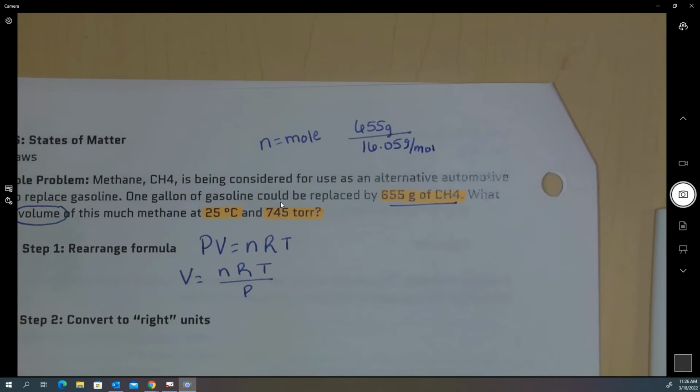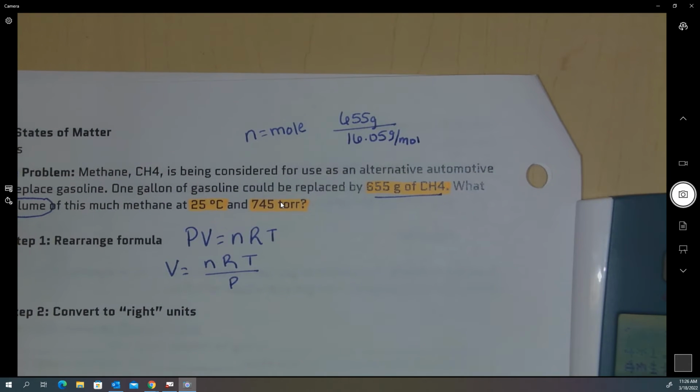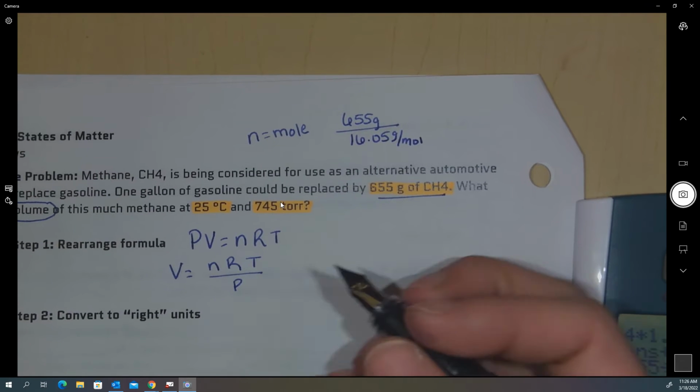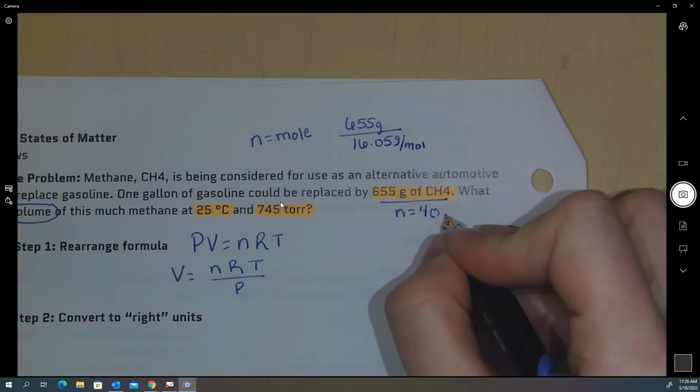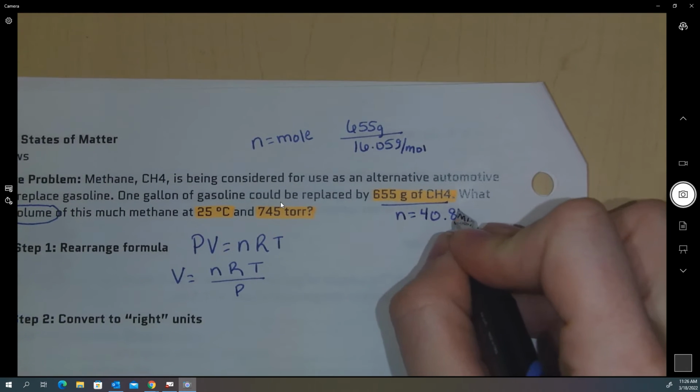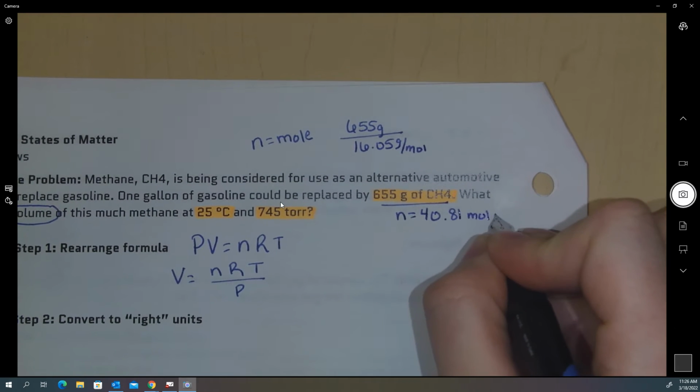So I'm going to take 655 and divide that by 16.05. That's going to give me moles. So this n is going to equal 40.81 moles. So I've got my n.